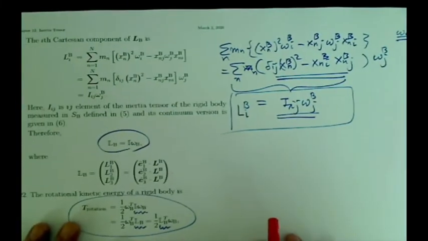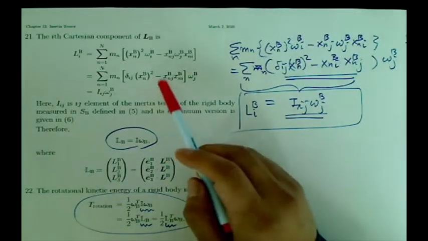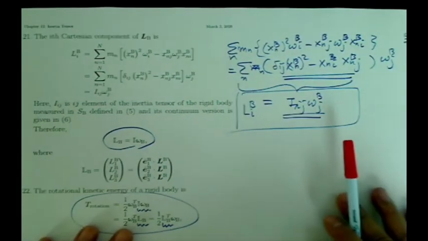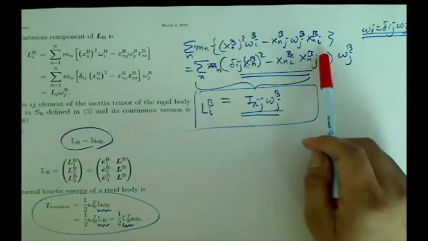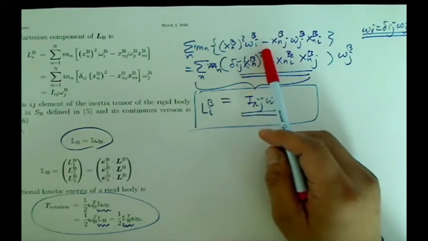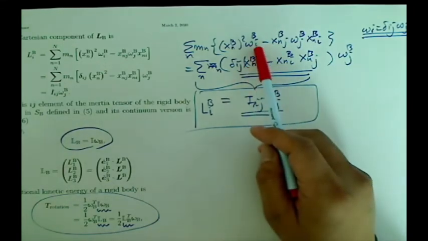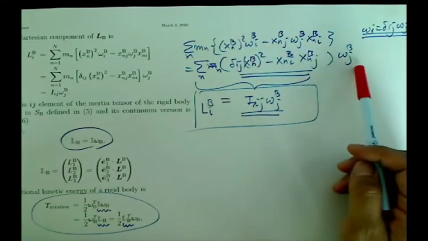The orbital angular momentum relative to the central mass of the rigid body can be computed in this way, and we remember this one can be written in the form omega I b squared. We can pull out omega j to the right side.